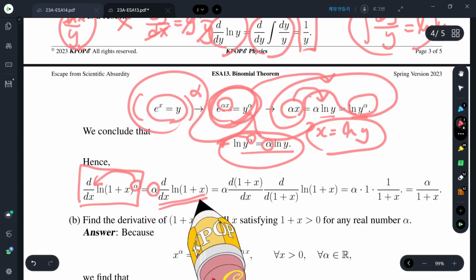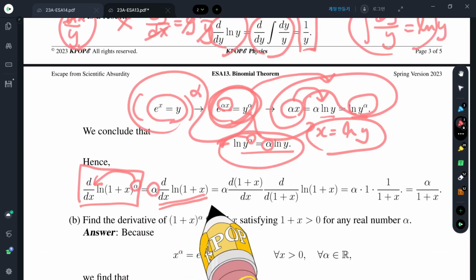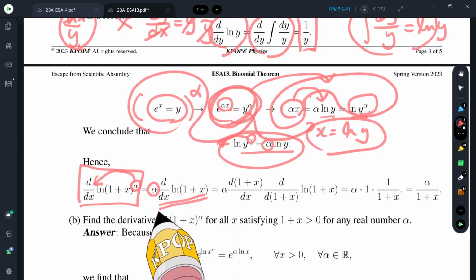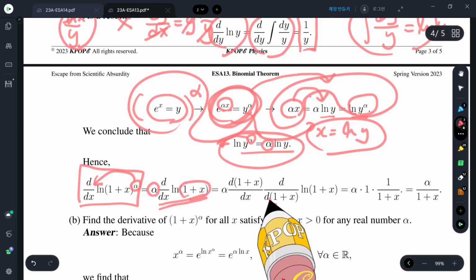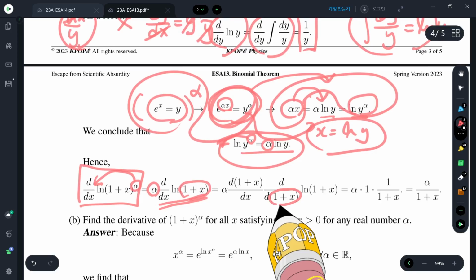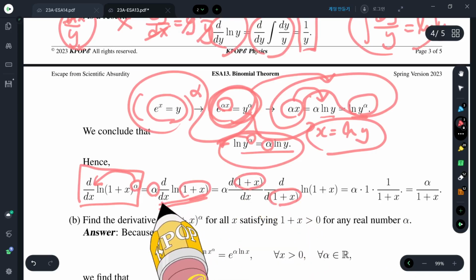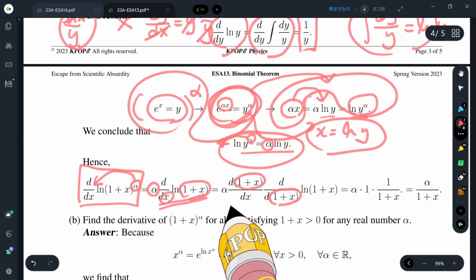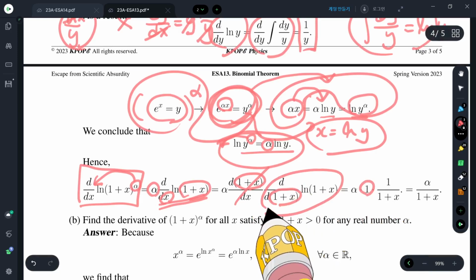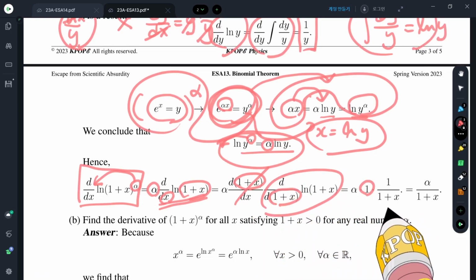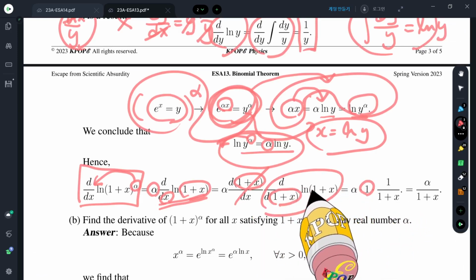Now we take the derivative of log by making use of the chain rule. This is a function of 1 plus x. I first take the derivative with respect to 1 plus x, and then take the derivative of 1 plus x with respect to x. And that is trivial. So this is 1. And this is log of 1 plus x.